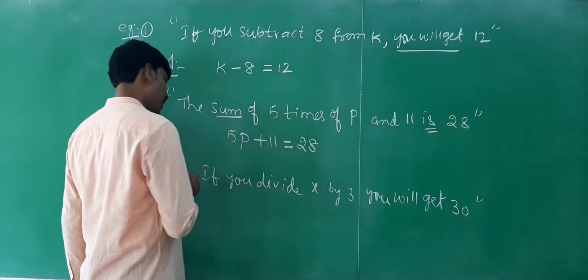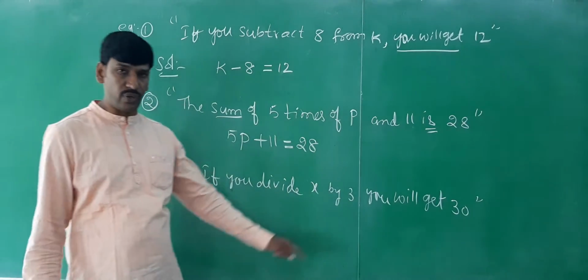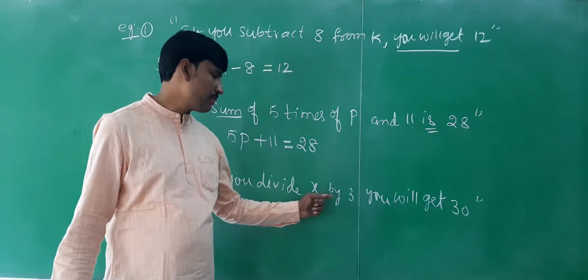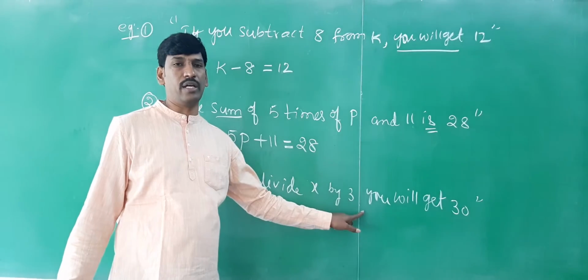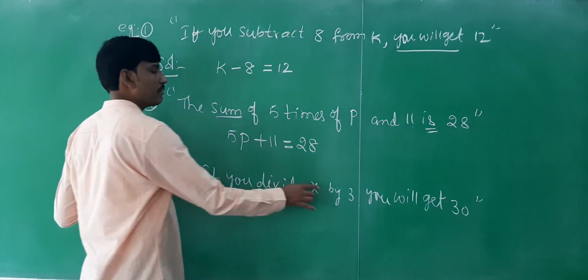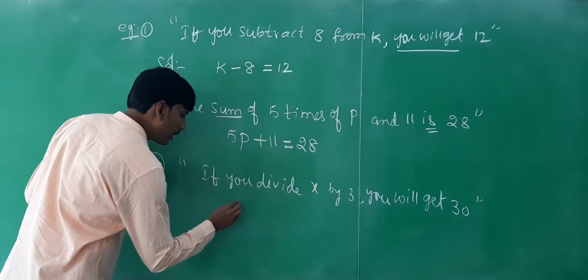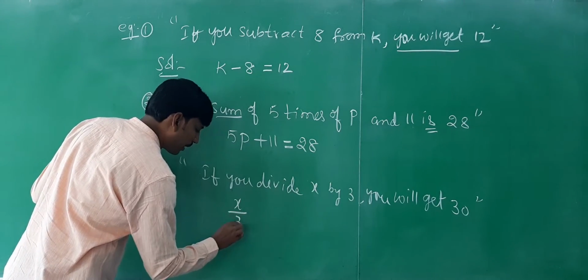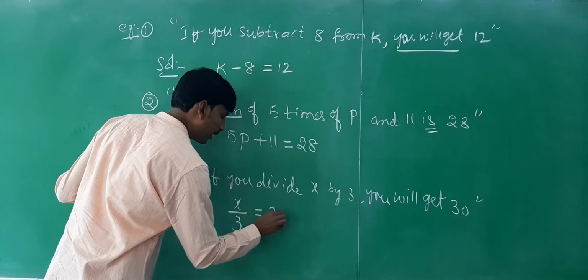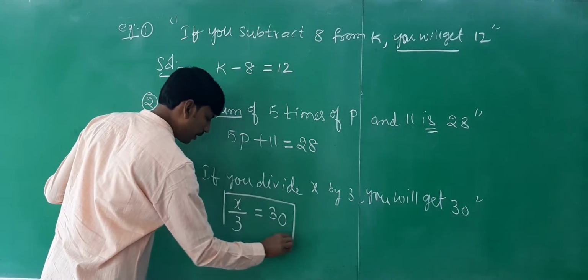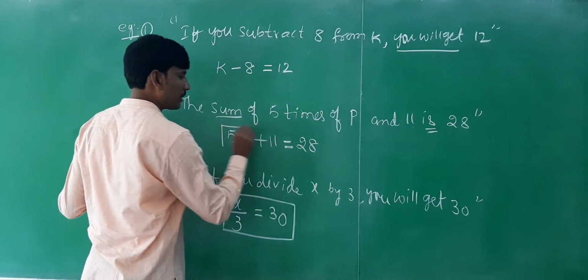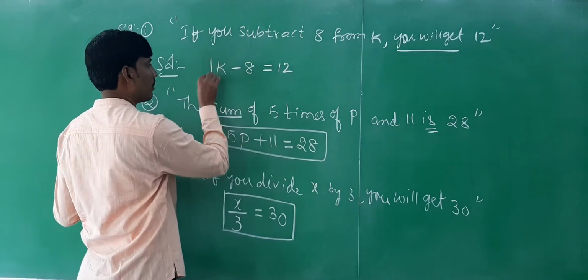See this here, children. If you divide x by 3, x is divided by 3 here. If you divide x by 3, you will get 30. So that is x divided by 3 is equal to 30. This is one equation. This is one more equation.